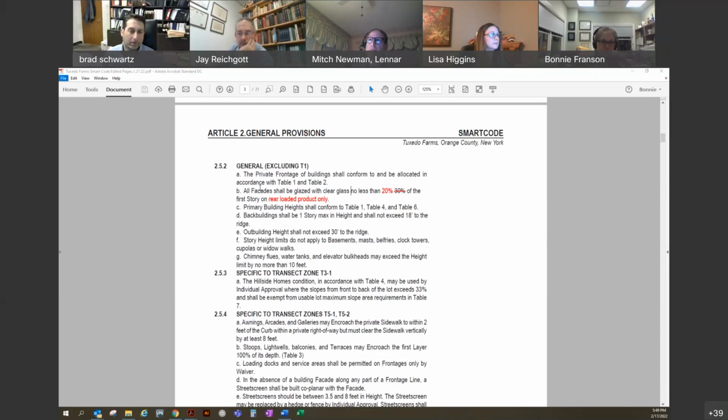Now we're looking at different housing products. If you have garages that are front loaded, you have more space in the front facade that is, if you will, blank facade with no windows because of the garages, so you need to reduce it to 20%. I guess that's what I was understanding. There's the justification for going to the 20%.